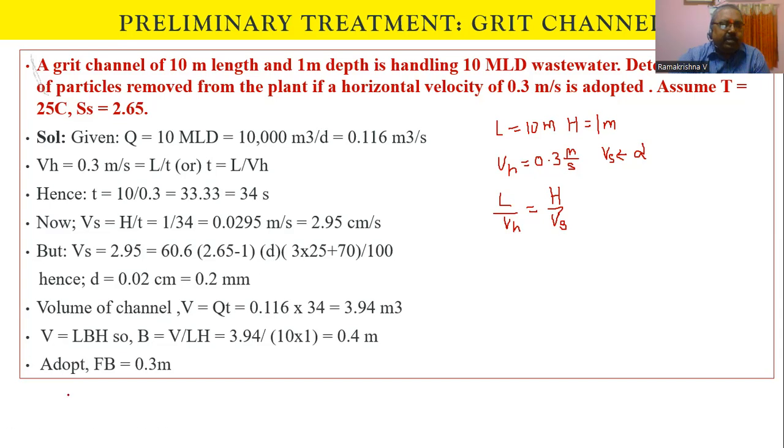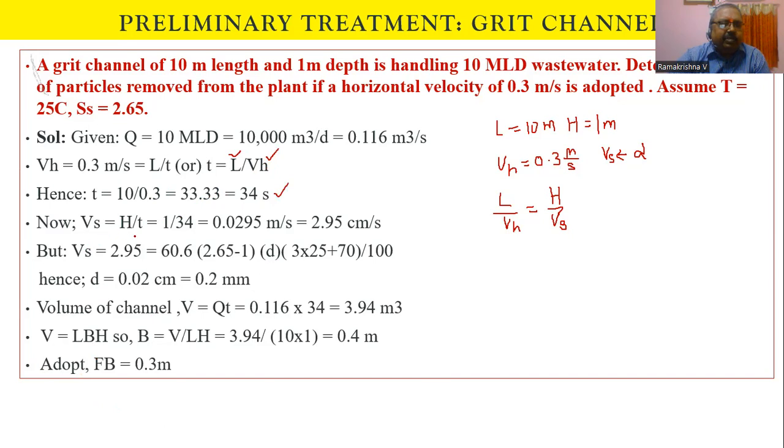Now the other condition we are having is VH is equal to 0.3 meters per second. VH is nothing but L by T. So T is equal to L by VH. L is 10 meters, VH is given as 0.3 meters per second. So then we are getting 34 seconds detention time.